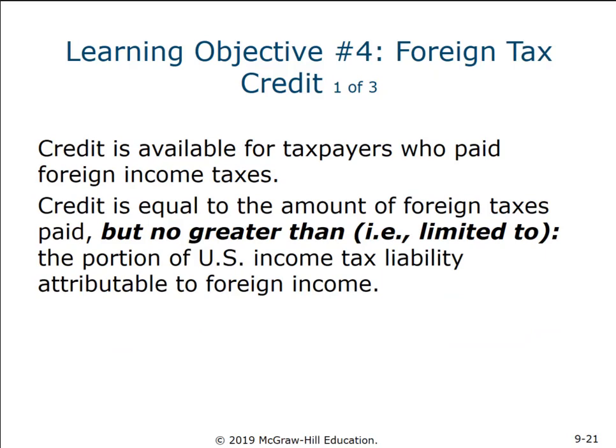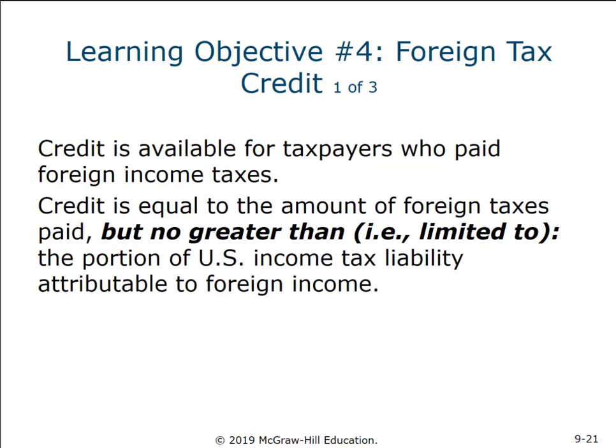Foreign tax credit. The idea is we're going to give you a credit for the tax you paid on income you earned somewhere else. So you live in the United States, but let's say you have a business interest or investment in another country, you earn income there, and the government there socks you with a tax bill.